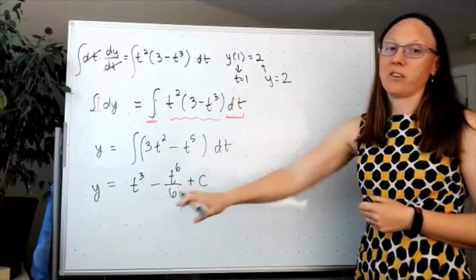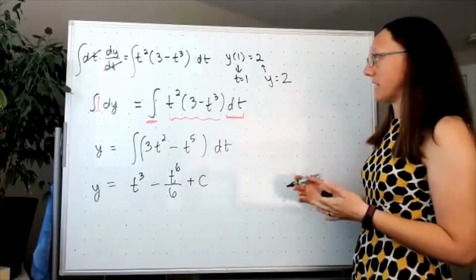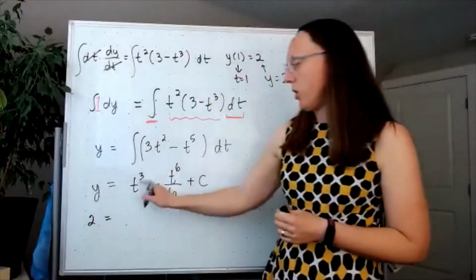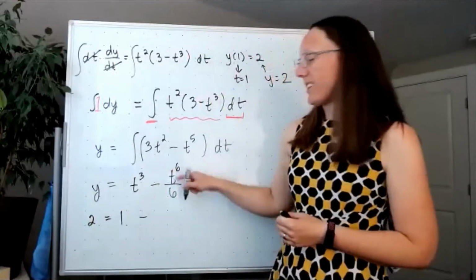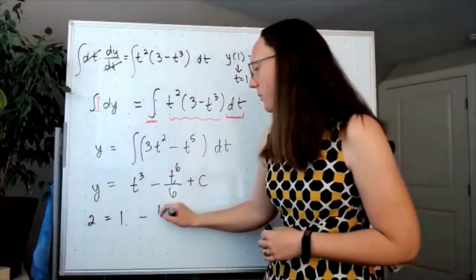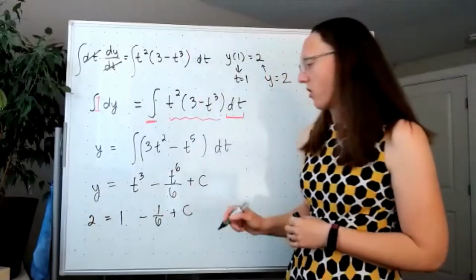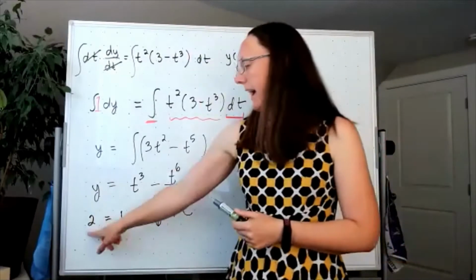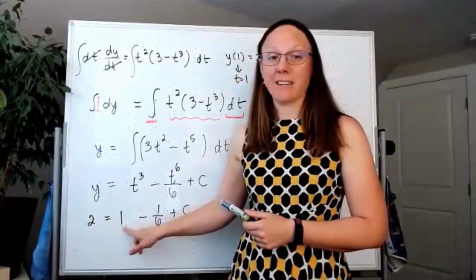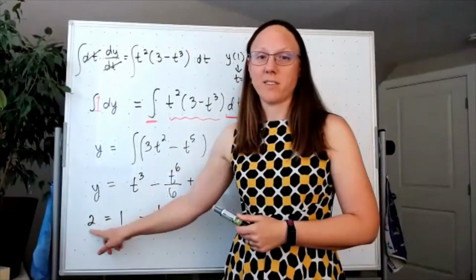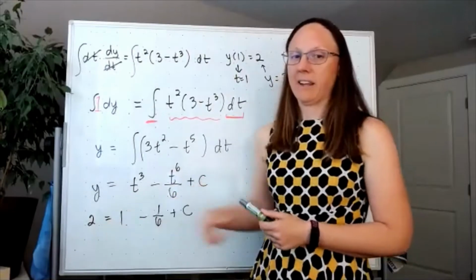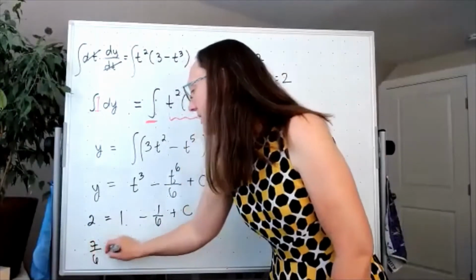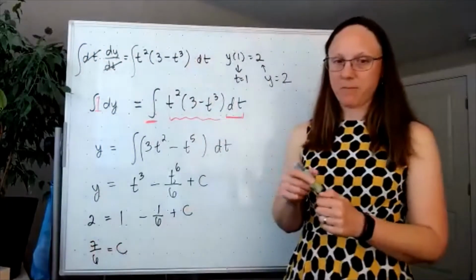And I'm going to plug those in down here to solve for that constant c. So I'm going to put in 2 for y and 1 for t. 1 cubed is 1. 1 to the 6th is also 1. So I'm going to have 1/6 plus a constant. So to solve for that c, let me do this as subtracting the 1. So I'll be at a 1 and then adding 1/6. So I think I'm going to get 7/6 is equal to c.